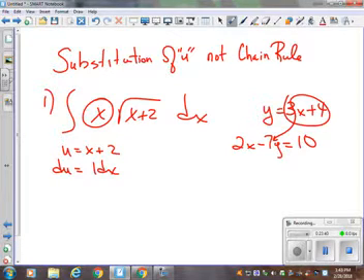If I take this x plus 2 and I solve it for u, that would have to be u minus 2. Would everybody agree with that? Because you have to get rid of the adding here to move it to the other side. Now, if I want to solve this for dx, wouldn't I divide by 1?